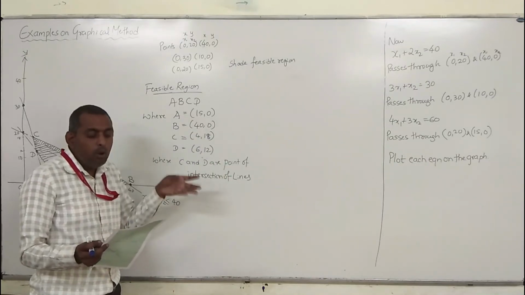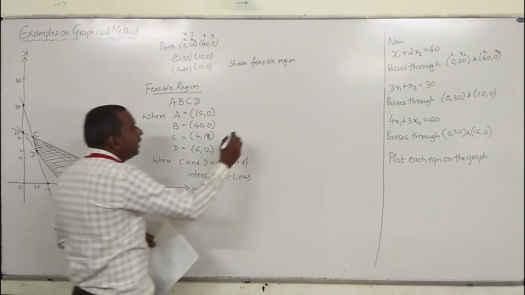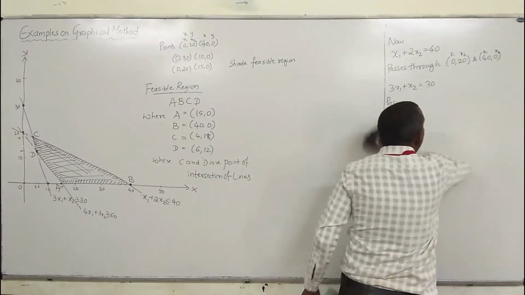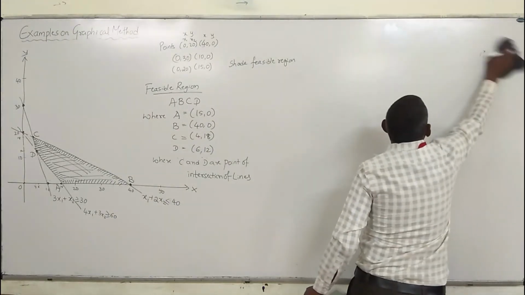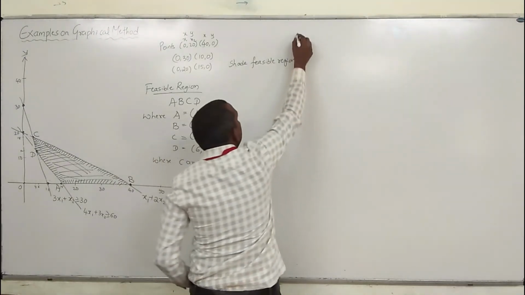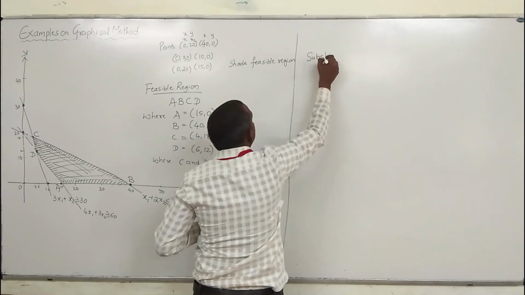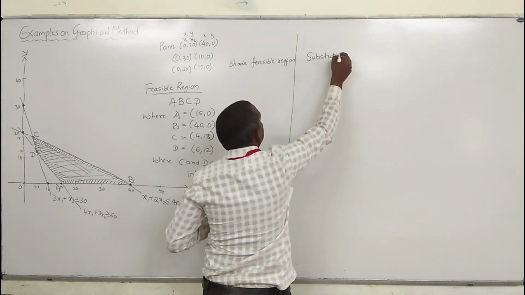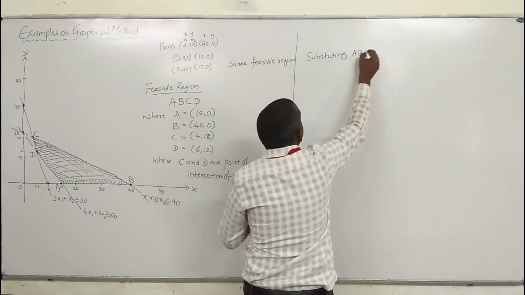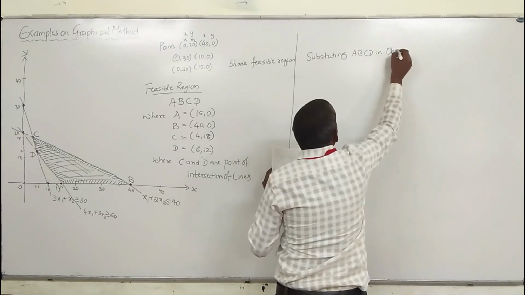Putting all these values in the objective function, what happens? So substituting A, B, C, D in the objective function.